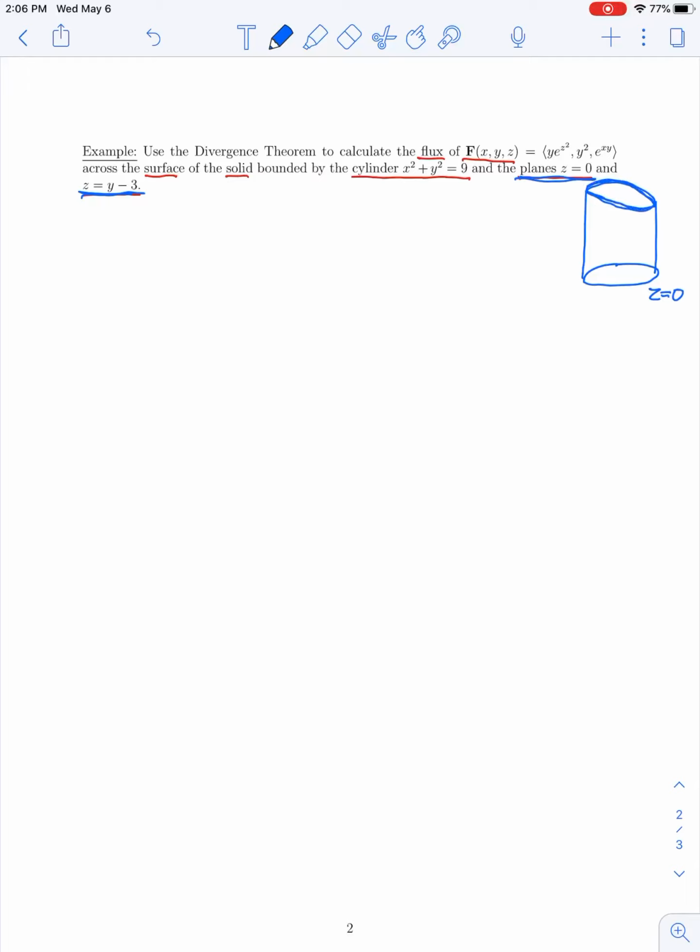This offset plane will slice my circular cylinder in this curve, and that upper plane is the graph of z equals y minus 3. So my solid region here is the region E inside of those surfaces.